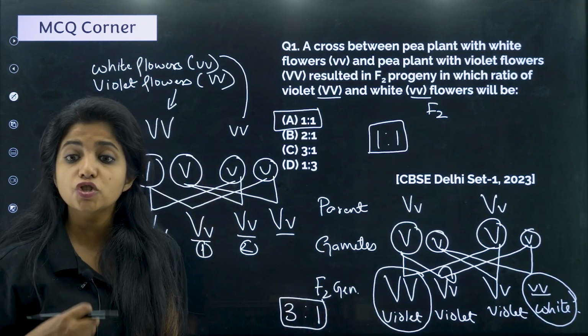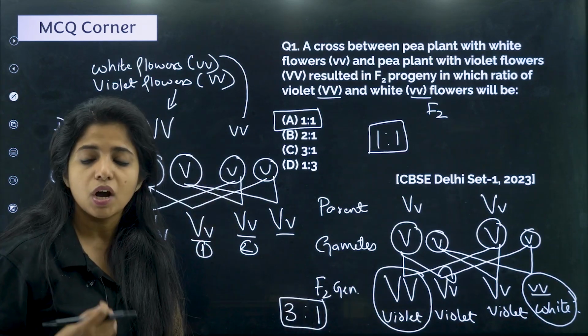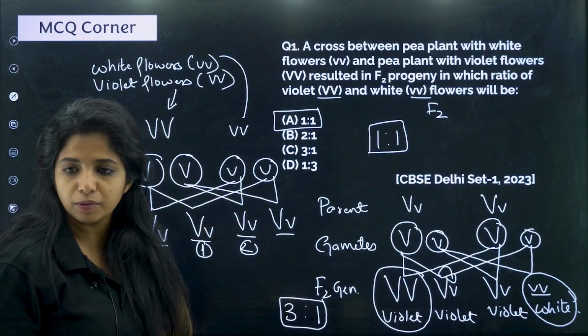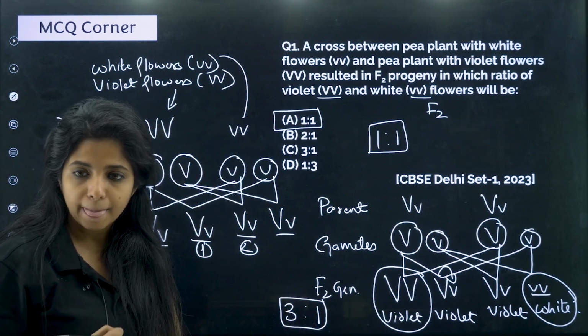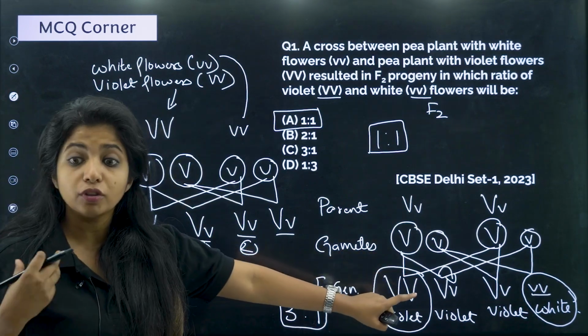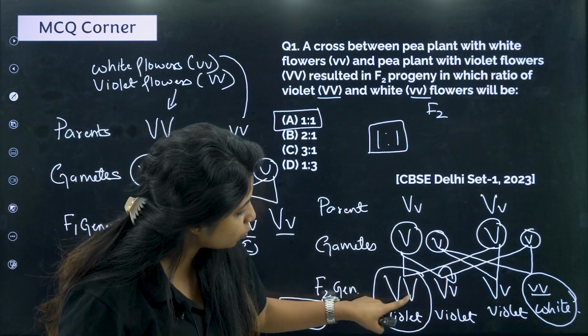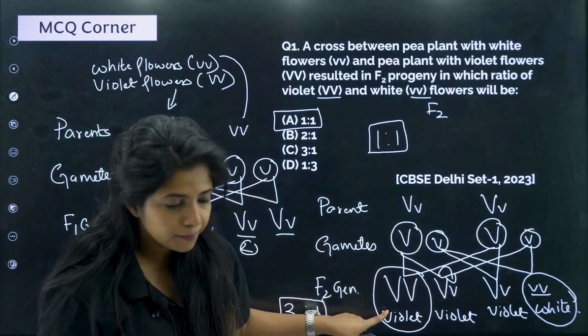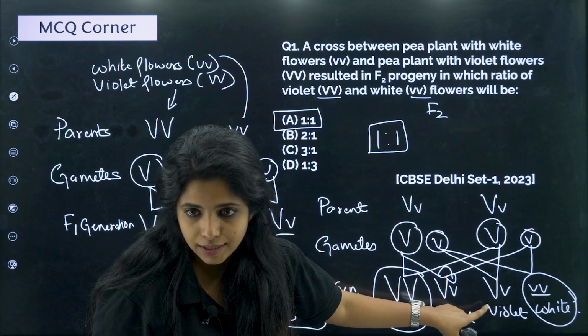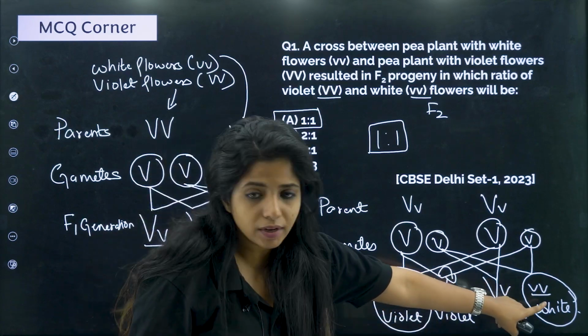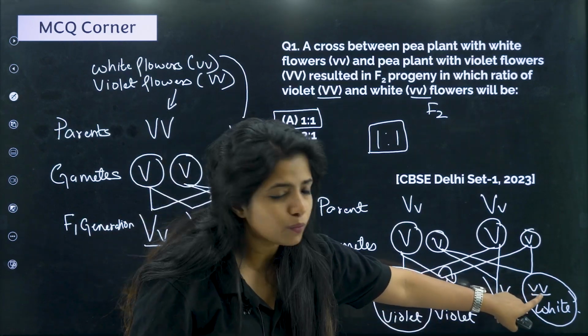If I am asked about the genotypic ratio, what is the genotype? How will I be able to find it? The genotypic ratio, as in you're talking about the genes, the genetic makeup. So I see one is homozygous over here, 2 of them are heterozygous, they have different alleles, and one is again homozygous, but this is small v.